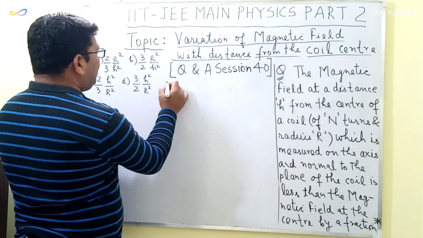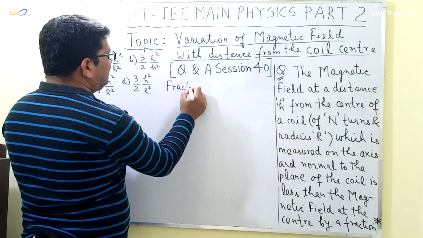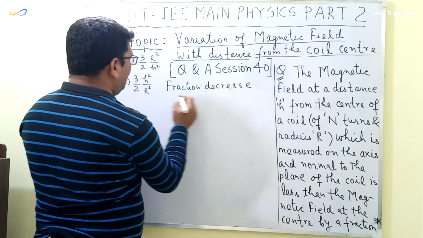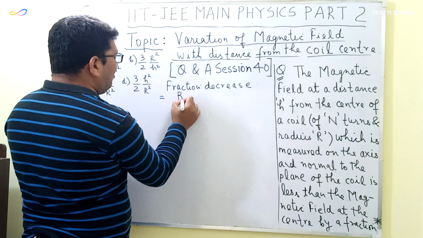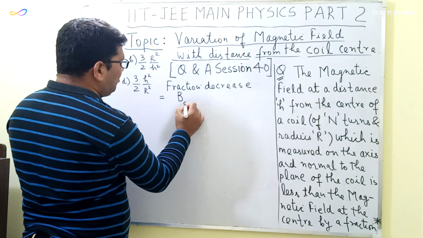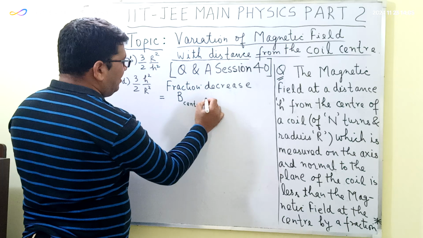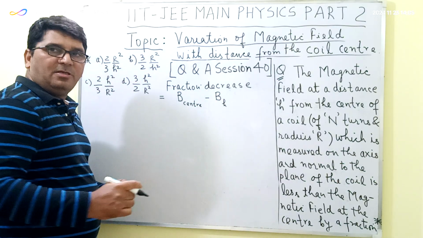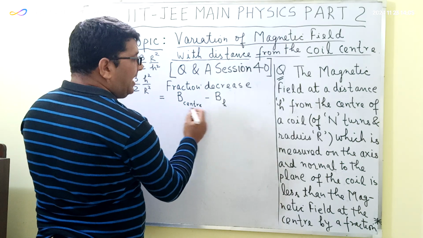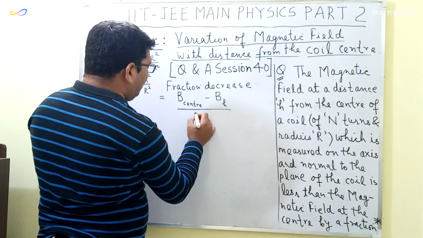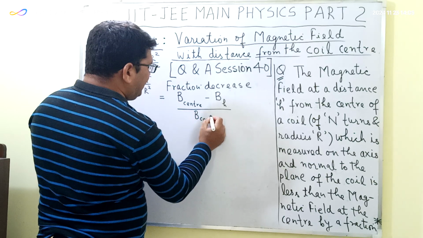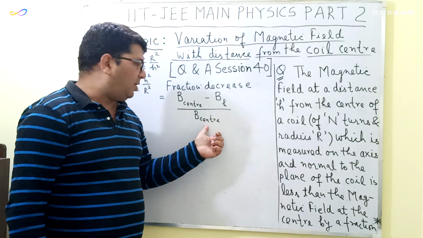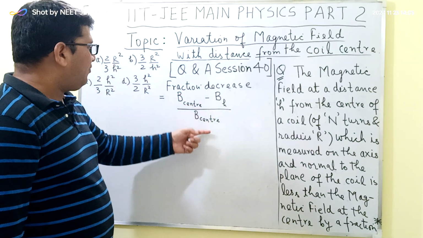That is, the fractional decrease will be equal to the value of the magnetic field at the center, let us say this is equal to B, I am just denoting here as B center, minus the value of the magnetic field at a distance h from the center of the coil on the axial line of the coil, divided by the magnitude of the magnetic field at the center of the coil. So this is the fractional decrease and this is what we have to find.